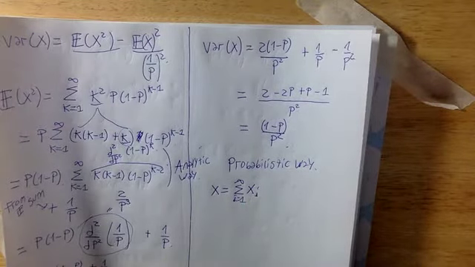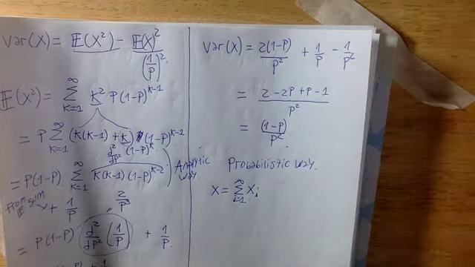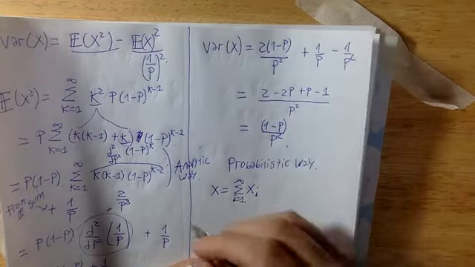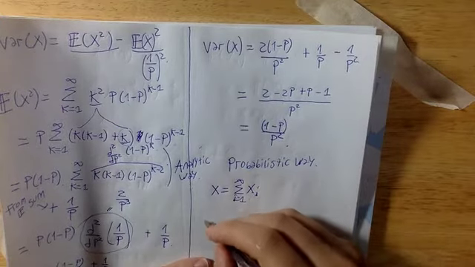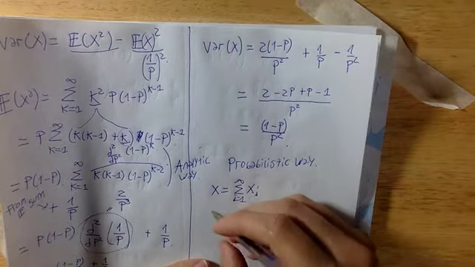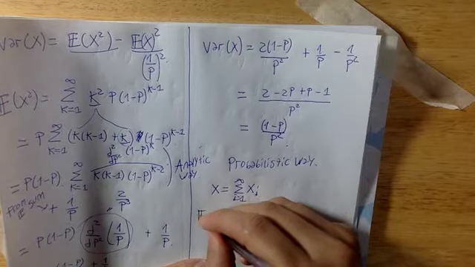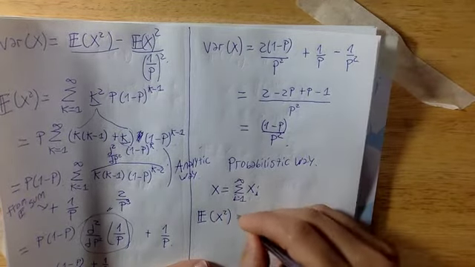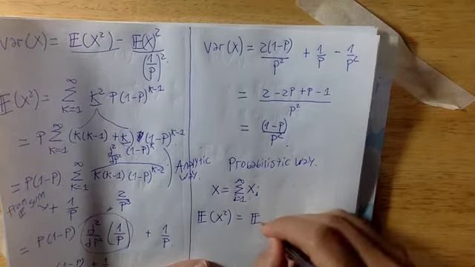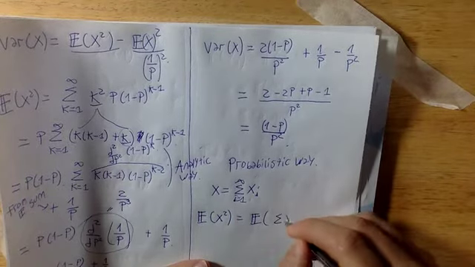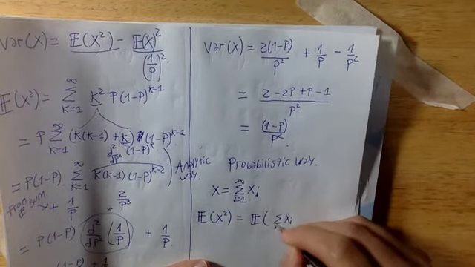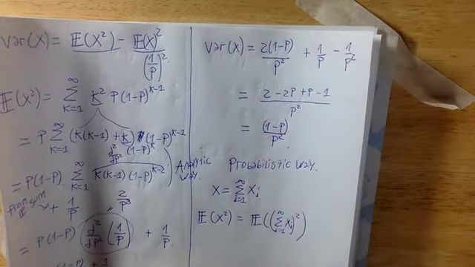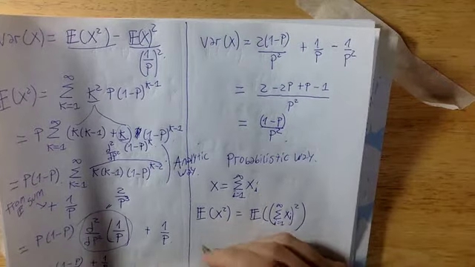Of course, you have to be careful with these expectations and these kinds of things, but the point is that if everything is absolutely convergent, then we want to take the expectation of x squared. This is equal to the expectation of the sum from i equals 1 up to infinity, squared.